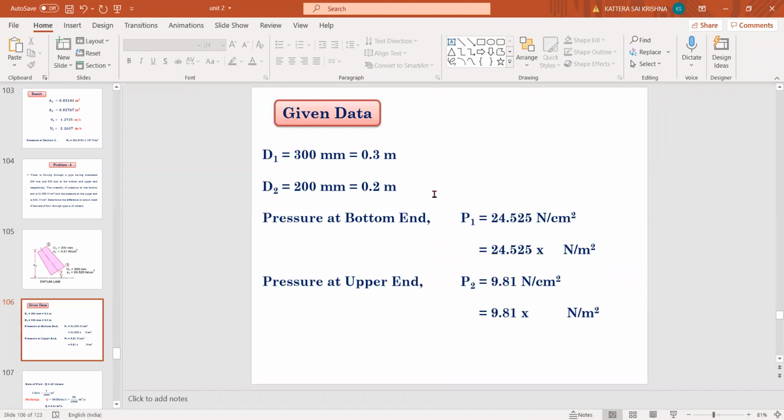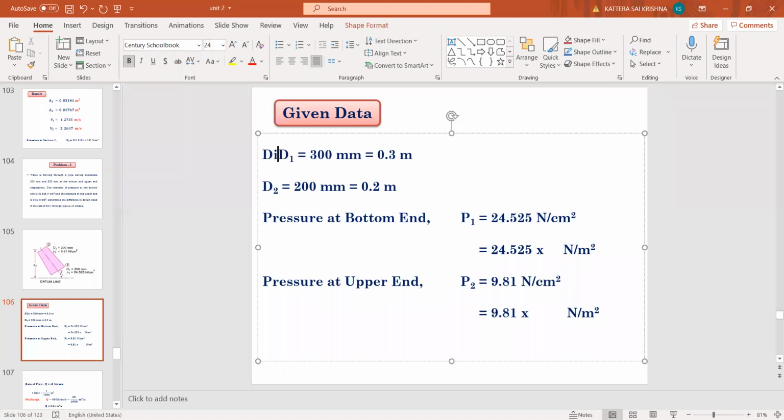What he has given first is the diameter at section 1, D1 equals 300 mm, divided by 1000 to get 0.3 meter. Diameter at section 2, D2 equals 200 mm, which is 0.2 meter.